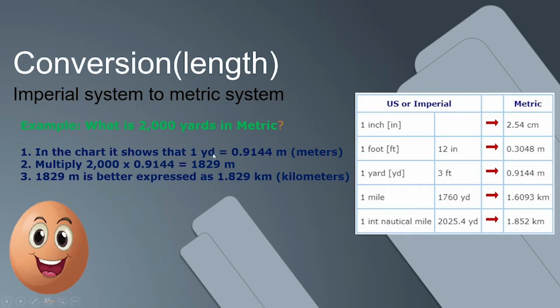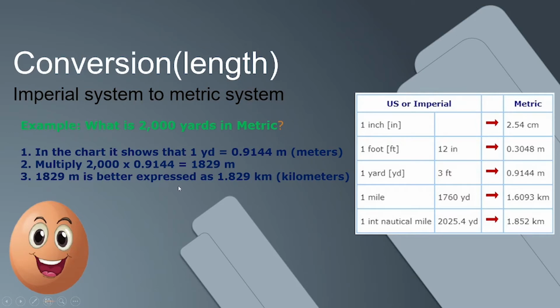In the chart it is already shown: 1 yard is 0.9144 meter. So what you are going to do is just multiply 2000 with this value. You will get the answer in meters, that is in the metric system.